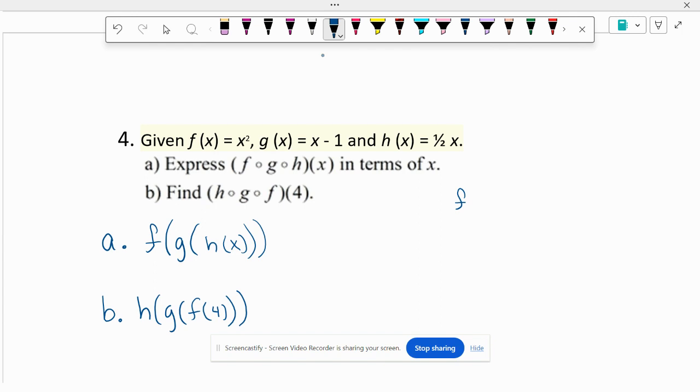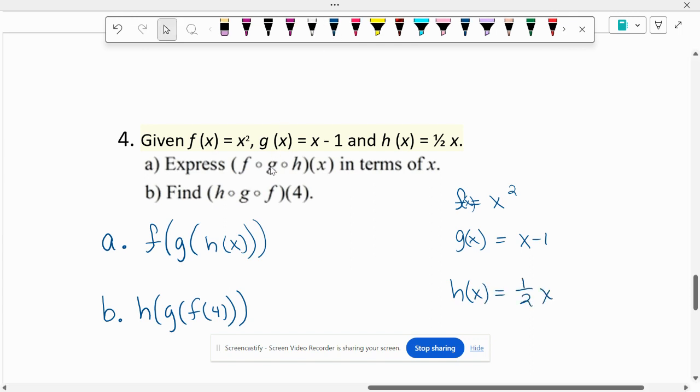The f function is x squared, f of x, sorry. The g of x function is x minus 1, and the h of x function is 1/2 x. So I will work those out and post the answers.